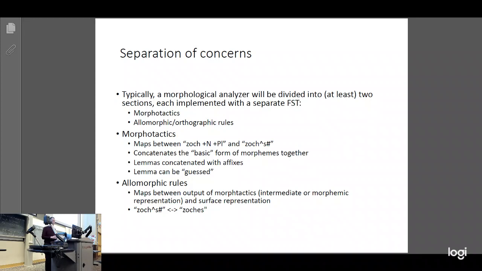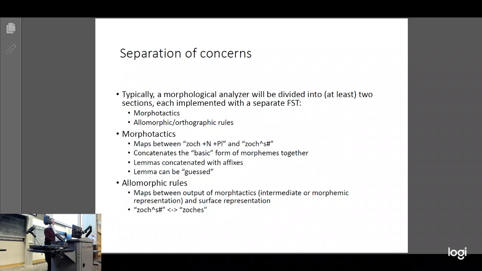So an FST that maps between Zach plus N plus plural and Zach morpheme boundary S word boundary would be a morphotactic FST. It concatenates the basic forms of morphemes together, lemmas with affixes. And these lemmas can be guessed, so they don't have to be stipulated. They can be made up, or they can be guessed by the FST.